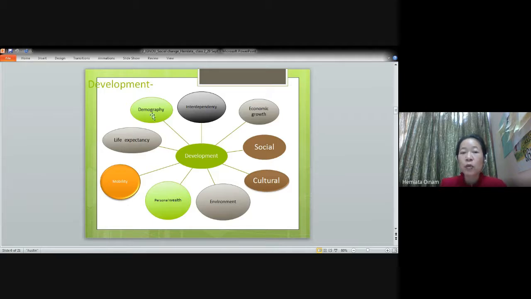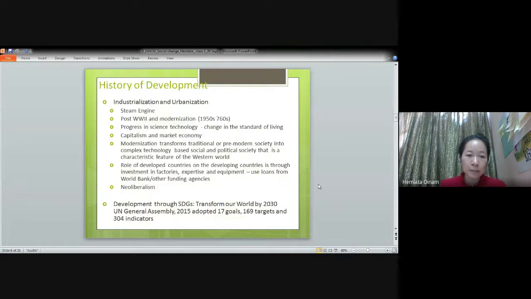It can be in the line of economic growth, or environment, personal wealth, life expectancy. From country to country, your emphasis on one parameter will not have a similar weightage compared with another parameter, say mobility or migration. In some countries, migration can play an important role in understanding the development of that particular country.